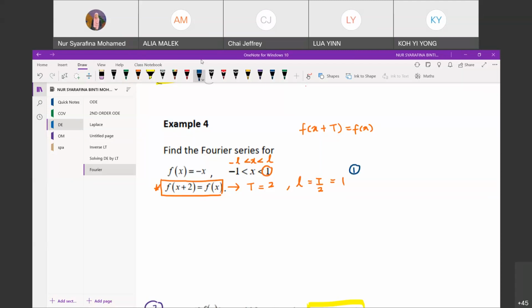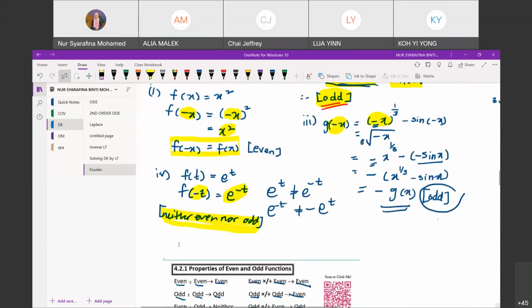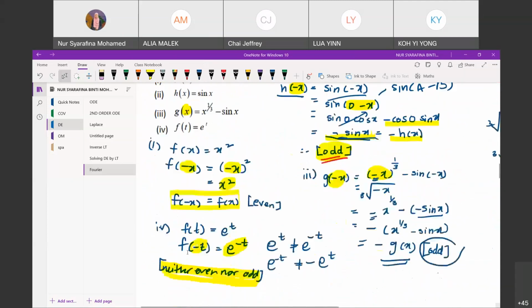Okay, second step: identify whether the function is even, odd, or neither. So how can we identify it? Of course, by checking f(-x). By this example, f(x) equals negative x, so you know that it is what?